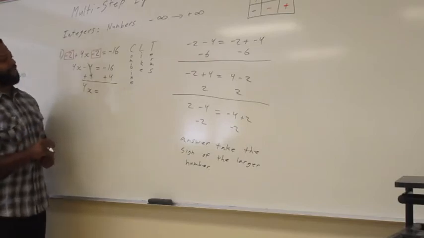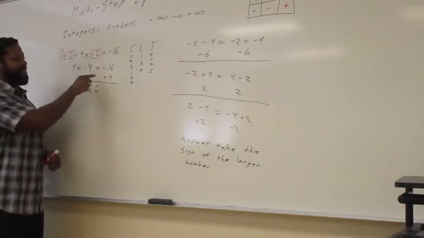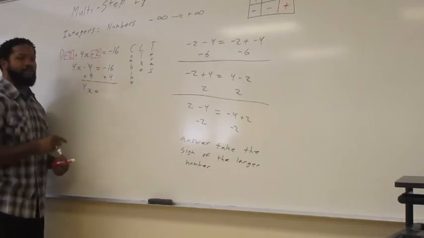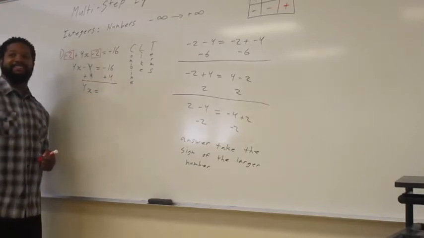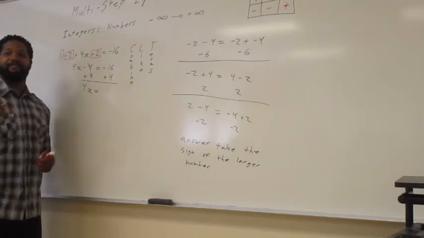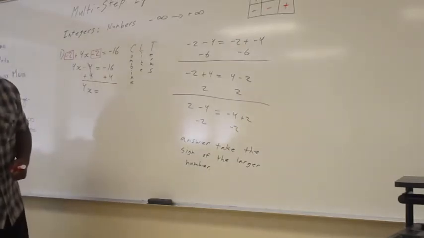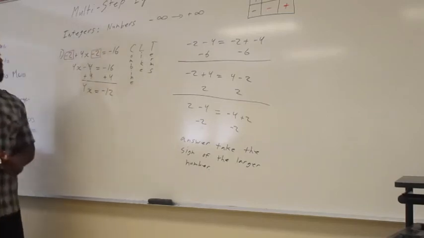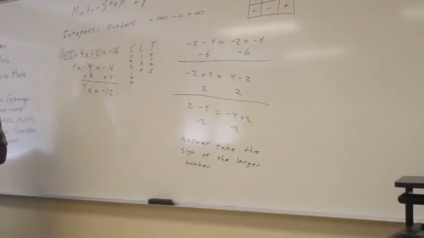No, let's not do that. We're like, okay, I know since I did this, what is -16 plus 4? There you go, good job, -12. And then I have 4x equal to -12, right?